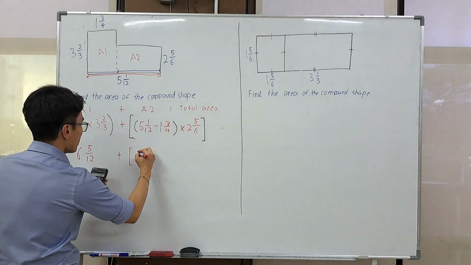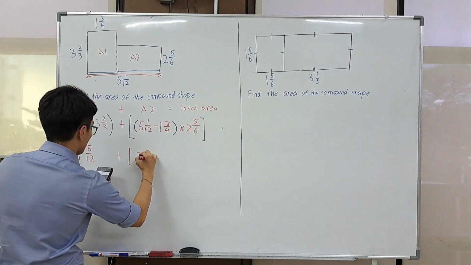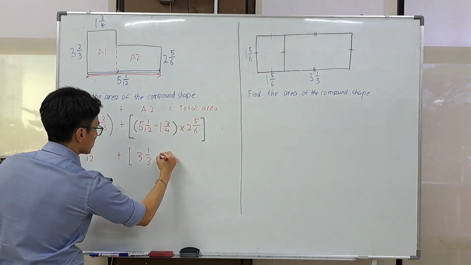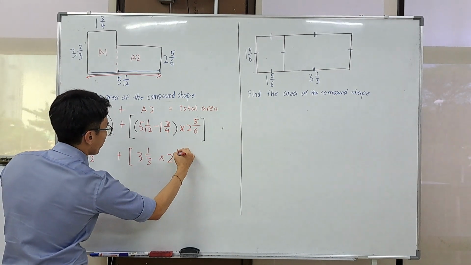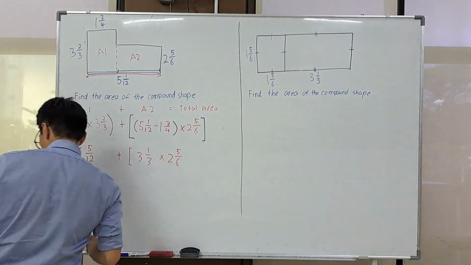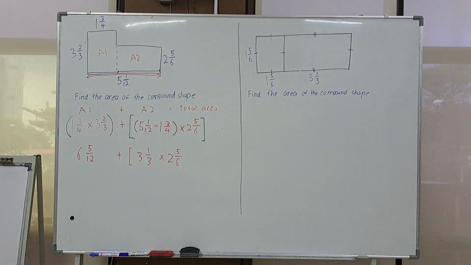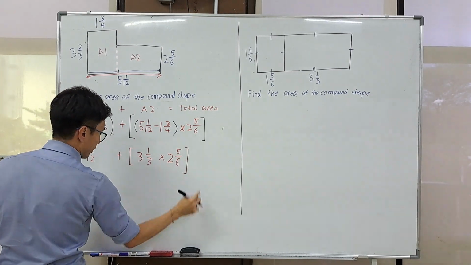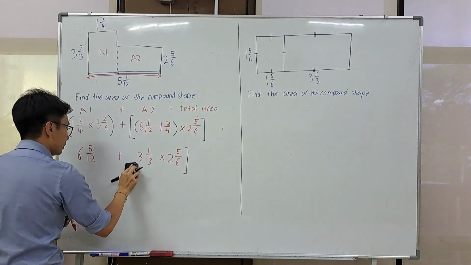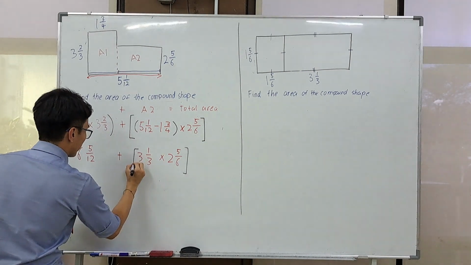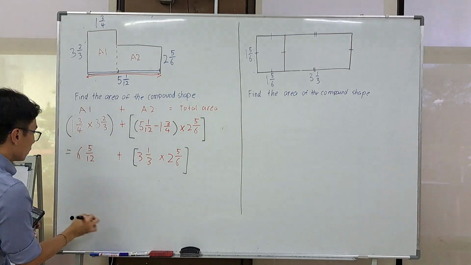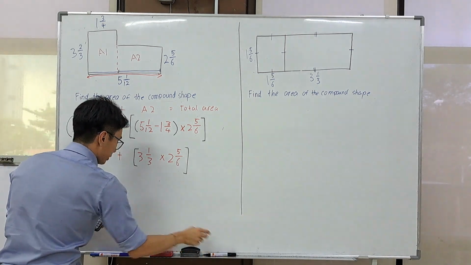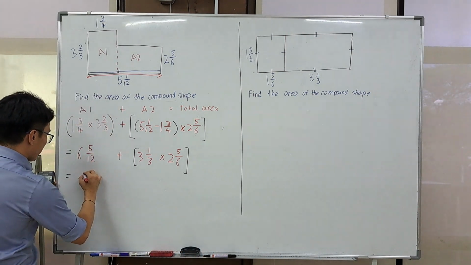Okay, so my base is gonna be 1/3, and my height is gonna be 5/6. I'm gonna close back this bracket because I'm not done yet. And don't forget your equal sign here. Now let's further simplify this.